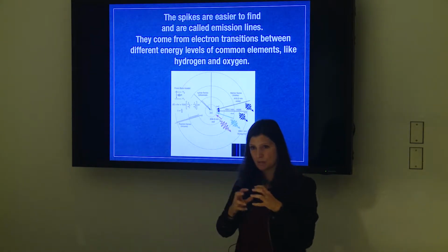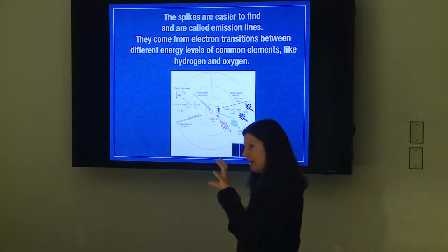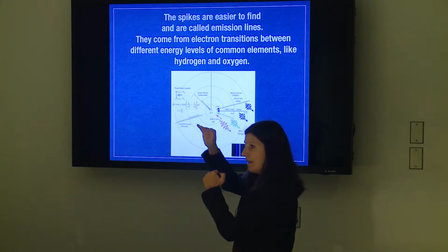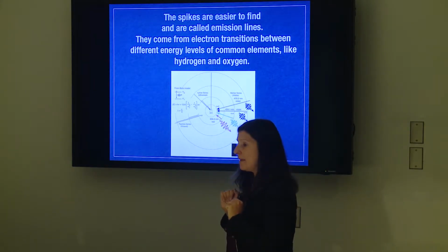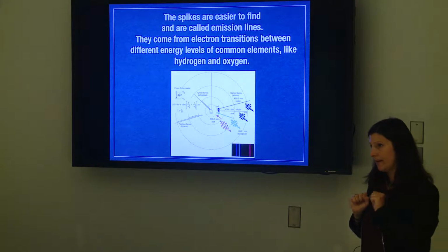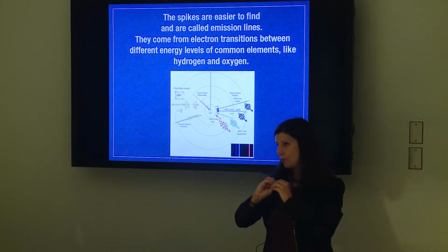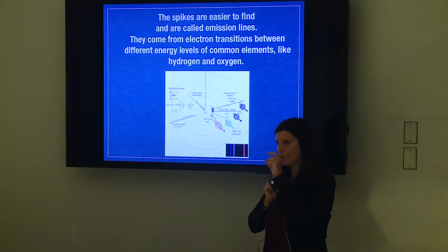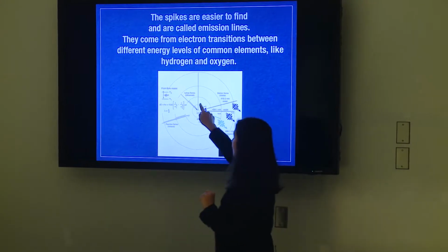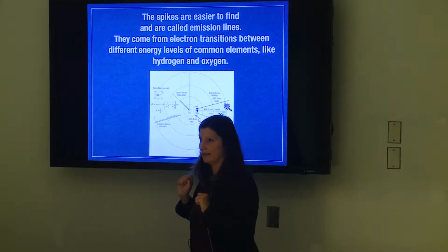For each element, hydrogen, oxygen, neon, whatever it is, you can accurately predict what these energy levels would be. Now, when a photon of the right wavelength comes, atoms are able to absorb it, but only if the photon has just the right amount of energy to correspond to a jump between one energy level and another.